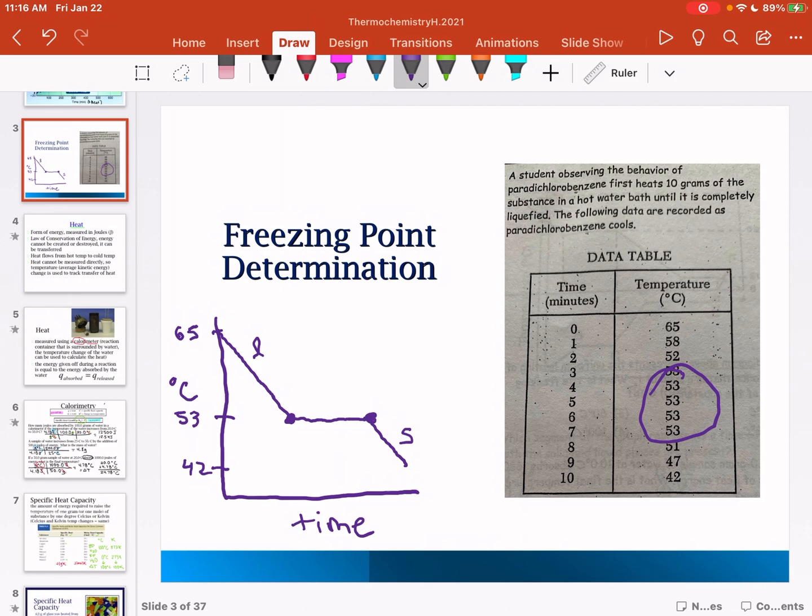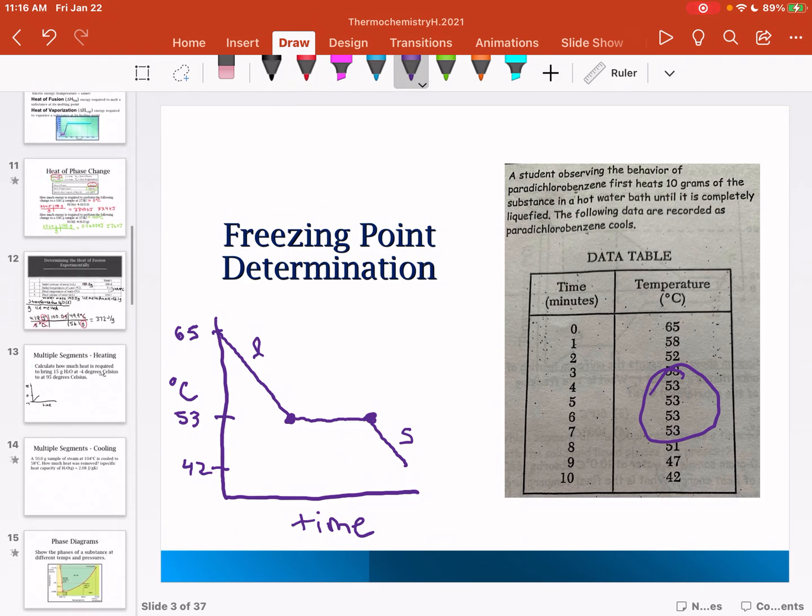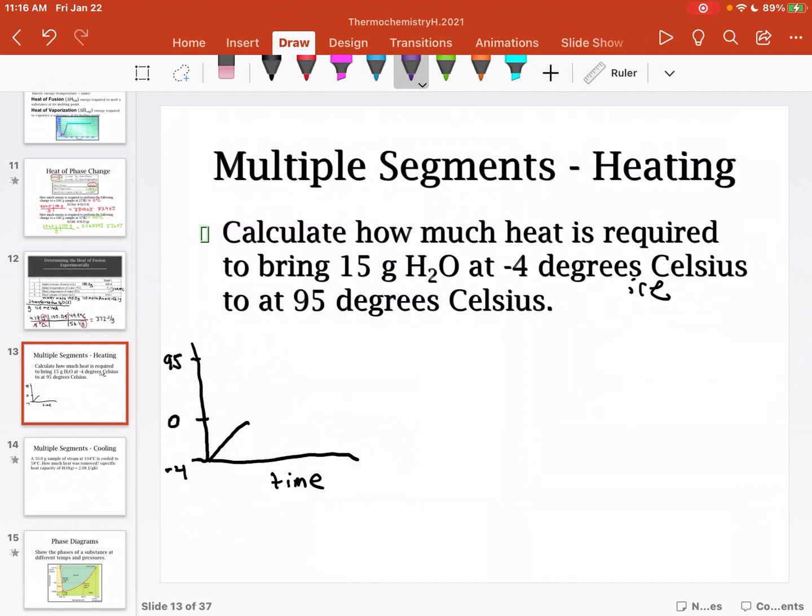The only difference is up here, I was calculating freezing point, and down here, I'm going to show melting point. So my ice is going to melt for a bit, and there's my plateau. And then at one point, it'll be completely liquid water, and I want to continue to raise it until it's 95 degrees Celsius.